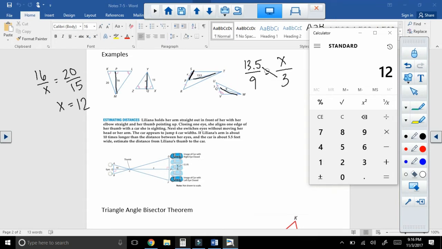So I'm going to multiply those, and then I'm going to have to divide by 9. So let me go back over here to my calculator. 13.5, whoops. Please type this into your calculator too, just to make sure you know what to do. And then I'm going to divide that by 9. So the answer to this one here is 4.5.